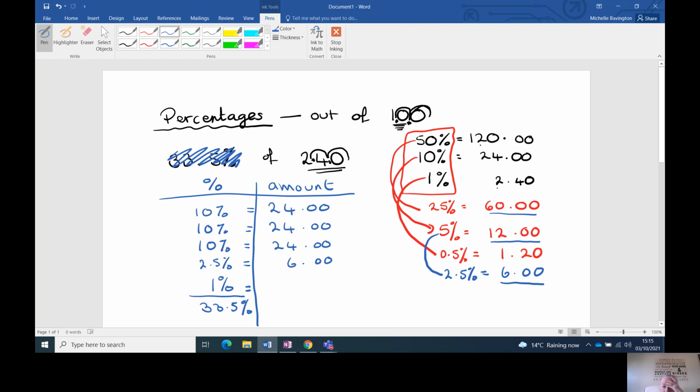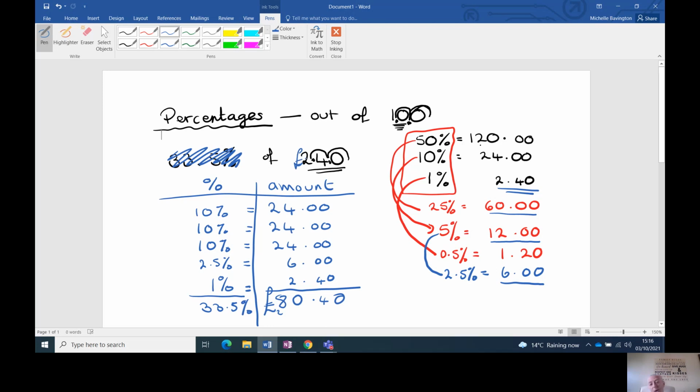And 1% is 2.4. I add that up: 24, 48, 72, 78, 80.4. It would be £80.40 if that was pounds.